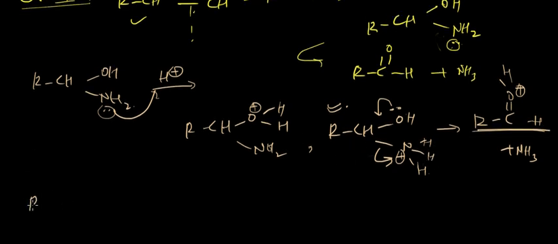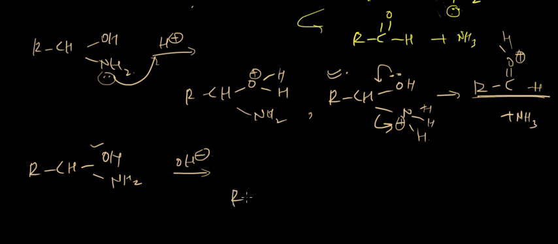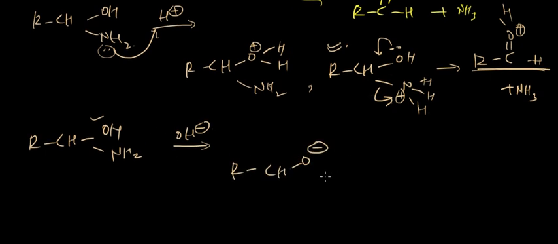Now what will happen if we had basic medium? In basic medium, again, which is more acidic? Obviously oxygen is more acidic. Why? Let's see. Suppose the base takes the hydrogen atom from the oxygen atom, and we get this compound. Or if it takes the hydrogen atom from the nitrogen, then we will have something like this.